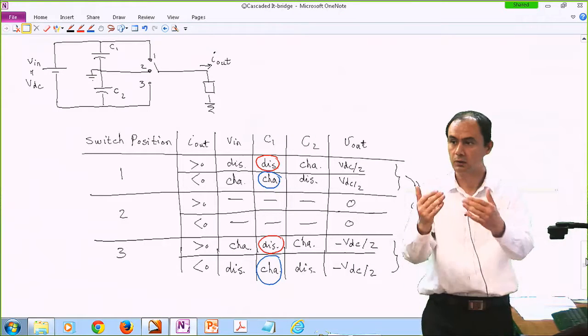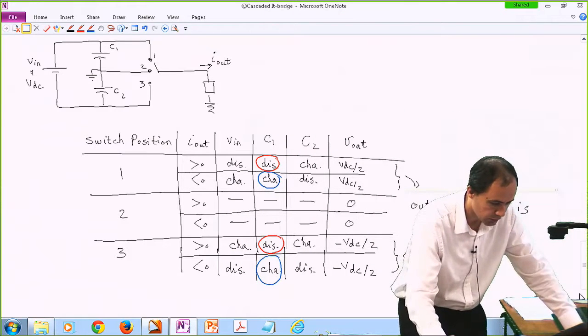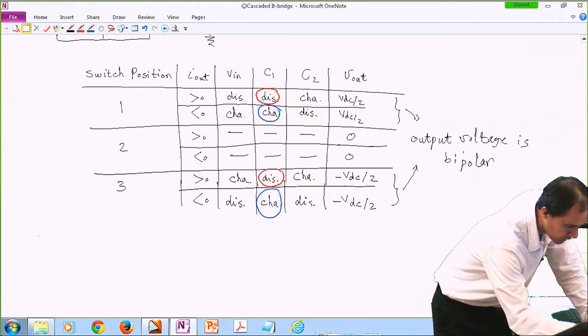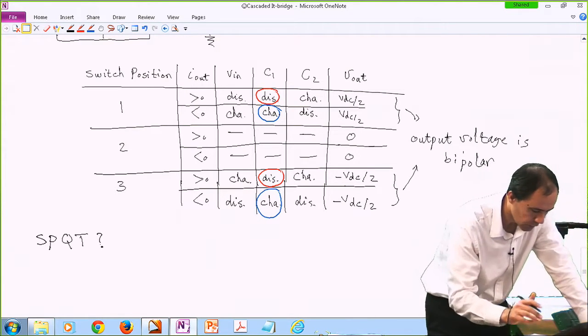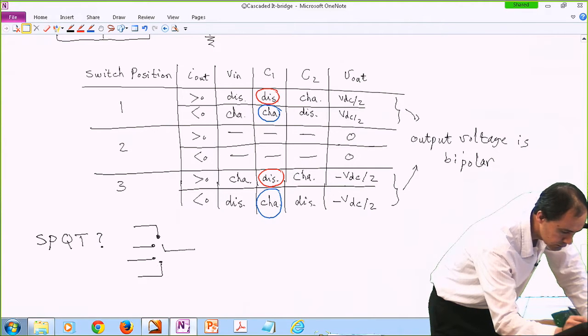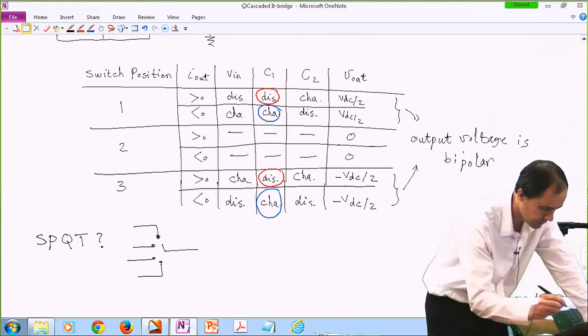The steps are almost the same, so I'm just going to plot the outcome. So what if we are looking for a single pole quadruple throw switch? All right, something like this. Okay, so we have four possibilities.